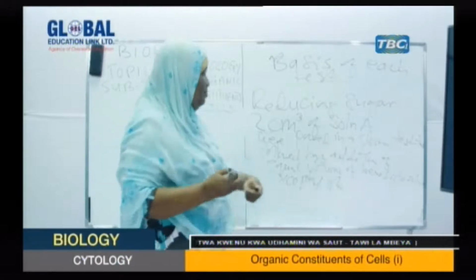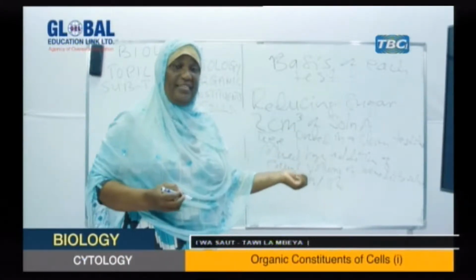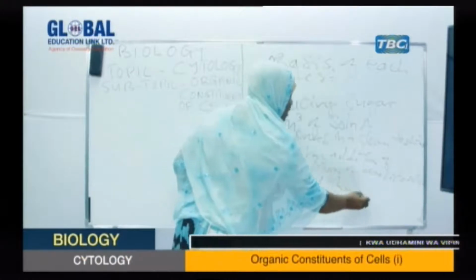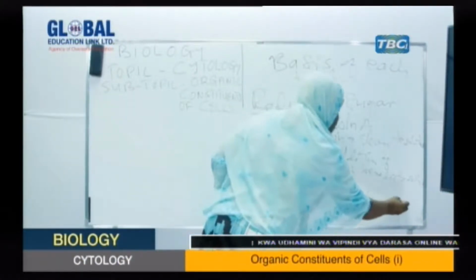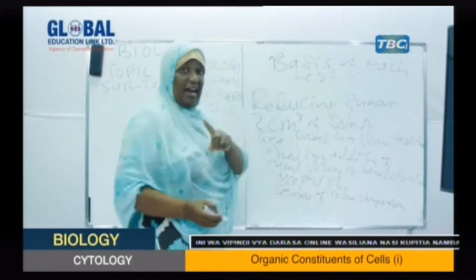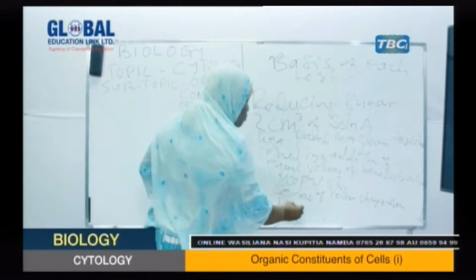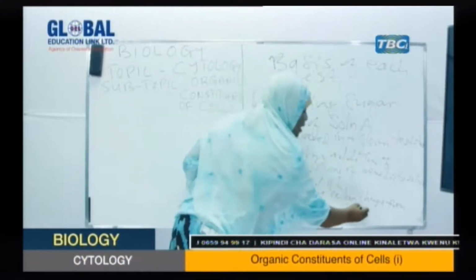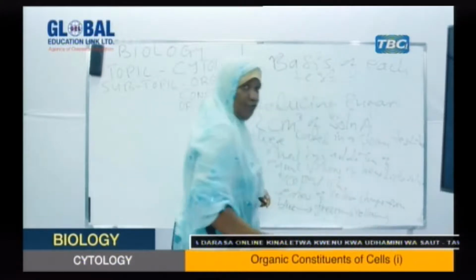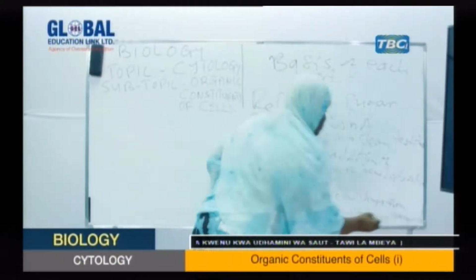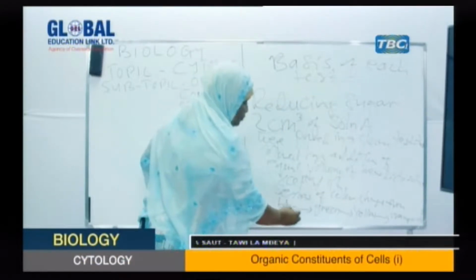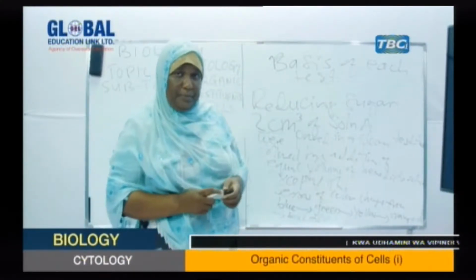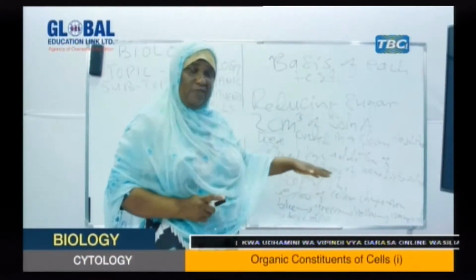For instance, let's say in an observation you observed a series of color change from the color of reagent, that is blue, to green, to yellow, to orange, up to brick red precipitation.